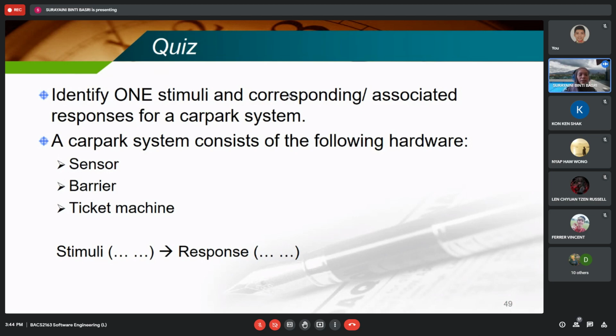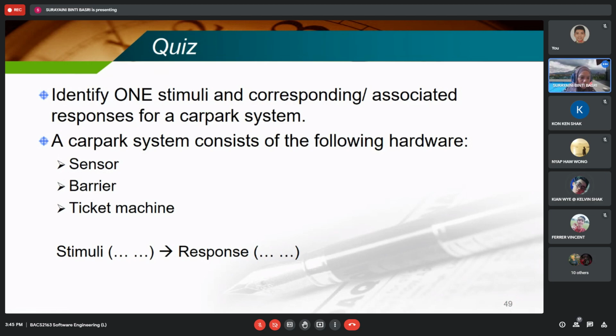It already tells us the sensors or devices included in the car park system, which are sensor, barrier, and ticket machine. So what do you think? What are the stimuli and what are the responses?